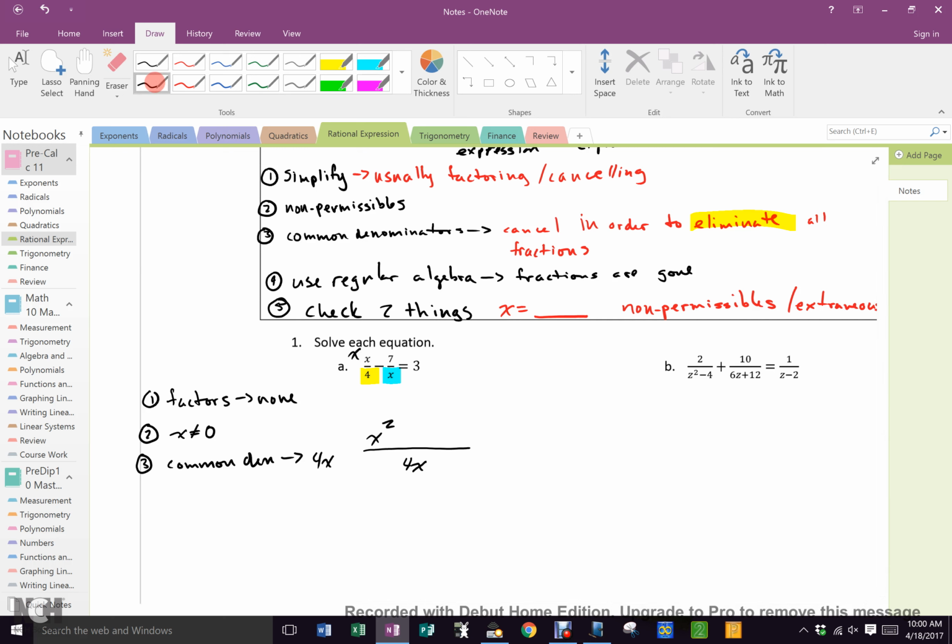So what must he multiply by? 4. What's 7 times 4? Minus 28. Yeah? Okay. And what is this guy's denominator? 1. What does it need to be? 4x. So what does this guy need to multiply by? 4x. What's 3 times 4x? 12x. Is everybody okay to there?